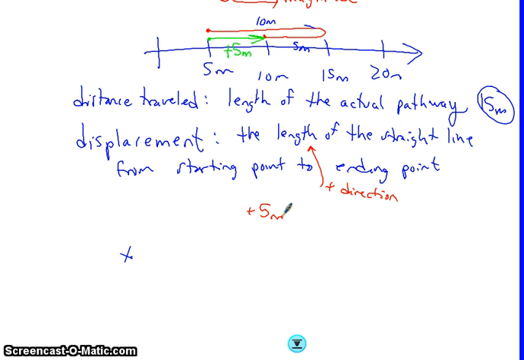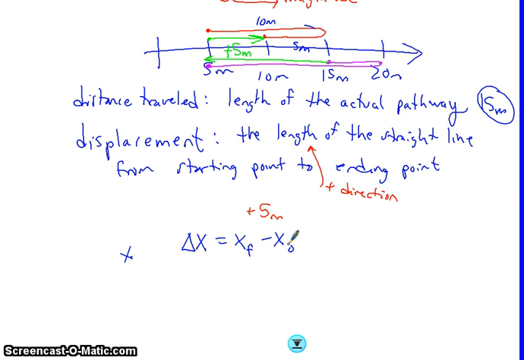To convince yourself of that, imagine a person who started at 15 meters, went to 20, and then ended up at 5. If you look at the starting point versus the ending point and draw a straight line, they started here, they ended there, they went to the left. And by the way, literally, there's a formula for displacement. I should mention that. It's delta x. You simply take final x position minus original x position.